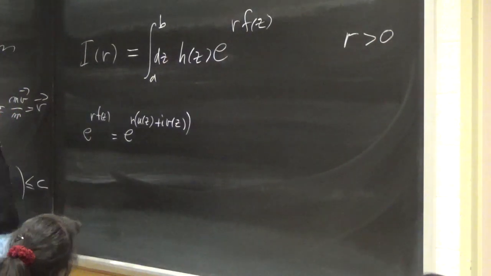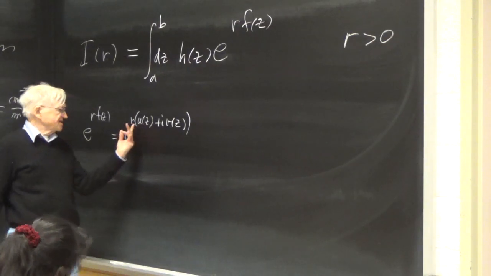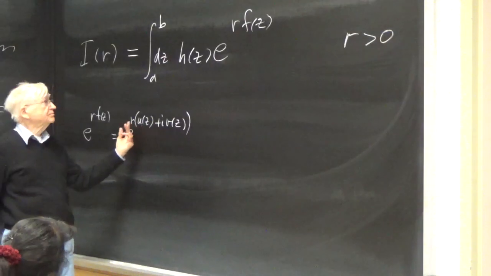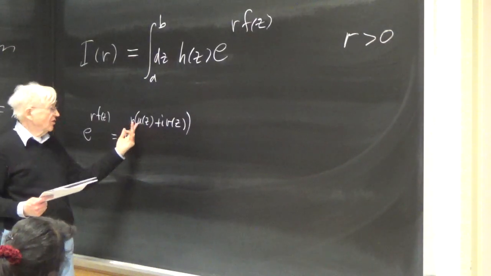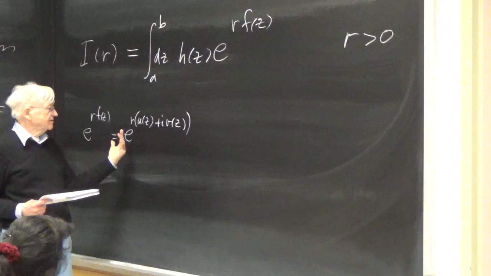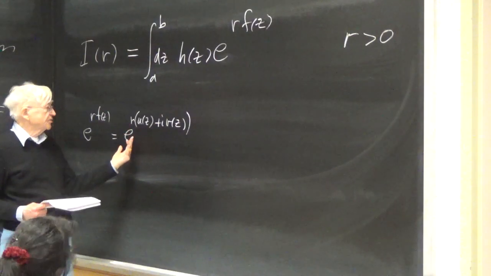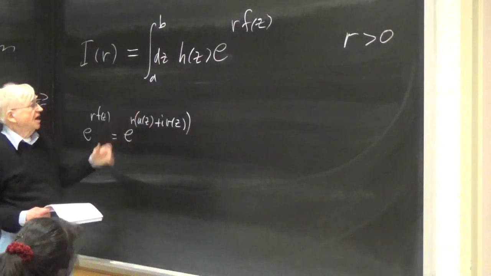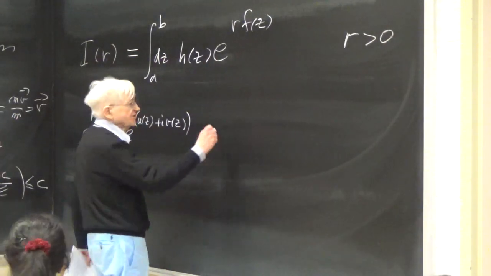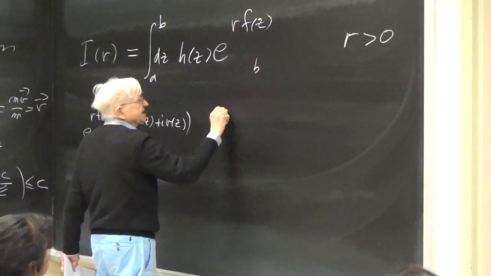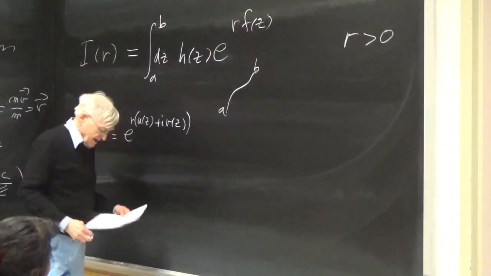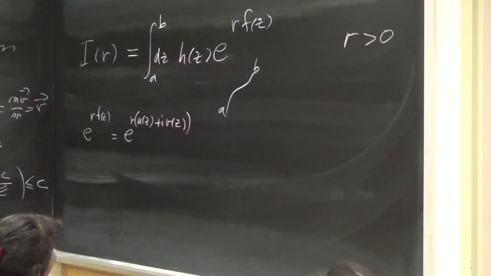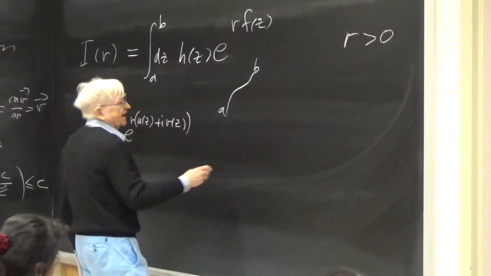It'll mean that there's a phase, but this thing can be doing all the mathematical work. In other words, the integral depends crucially on how r u of z behaves on this path from A to B in the complex plane. And I'm imagining that H and F are both analytic.